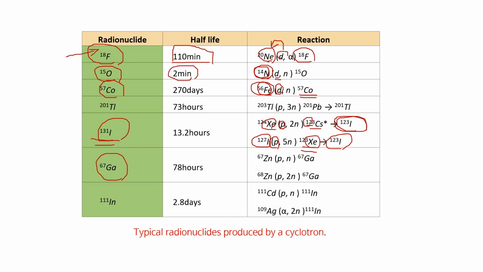Gallium also can be obtained by using zinc as target material, and zinc is bombarded by proton to become gallium-67. And indium-111 can be obtained by using cadmium-111 as target material, and this cadmium is bombarded by proton to become indium-111.